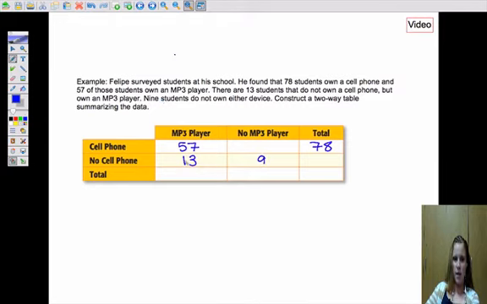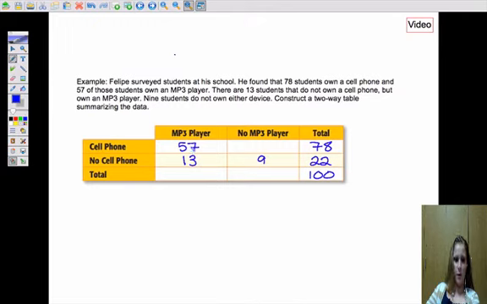So that means 13 and 9 is going to give us 22 students who do not have a cell phone. And 78 plus 22 gives me 100 people surveyed.